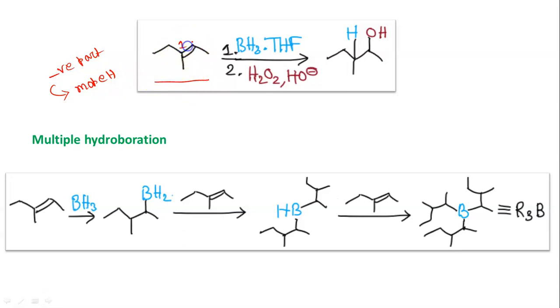Suppose this is number 1, this is number 2. So one position is more substituted, that means containing fewer hydrogens. So that is why here H is added. This is 1, this is 2, and OH is added to that carbon which contains more hydrogens, because OH is the negative part. Okay, so this is the final product.